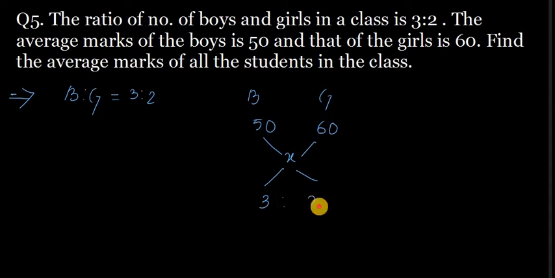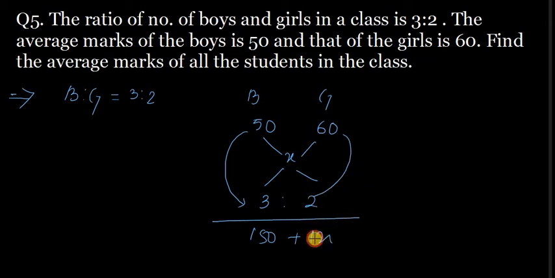So 3:2. Let's solve the problem. 3 into 50 is 150, 2 into 60 is 120, divided by 3 plus 2, which is 5.